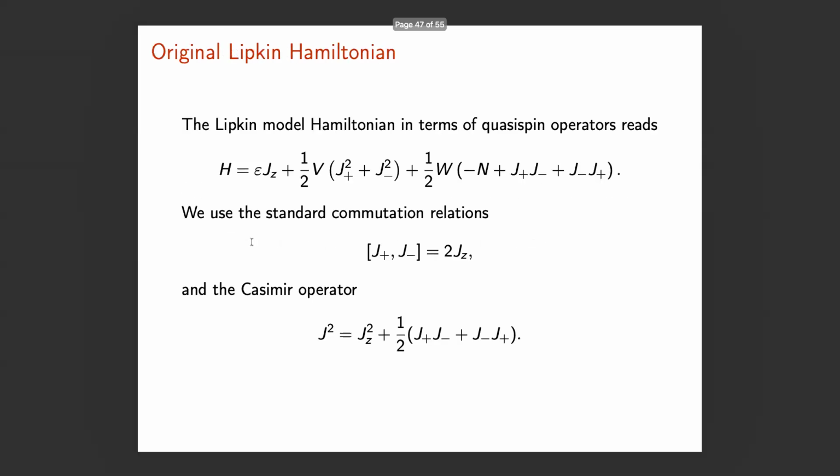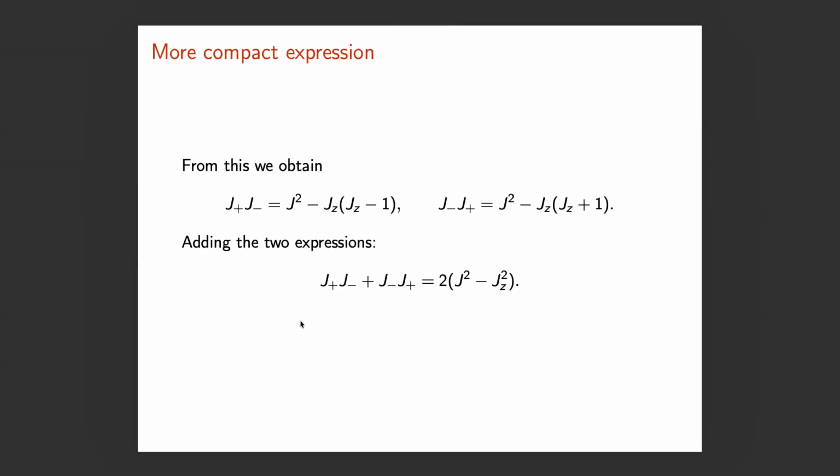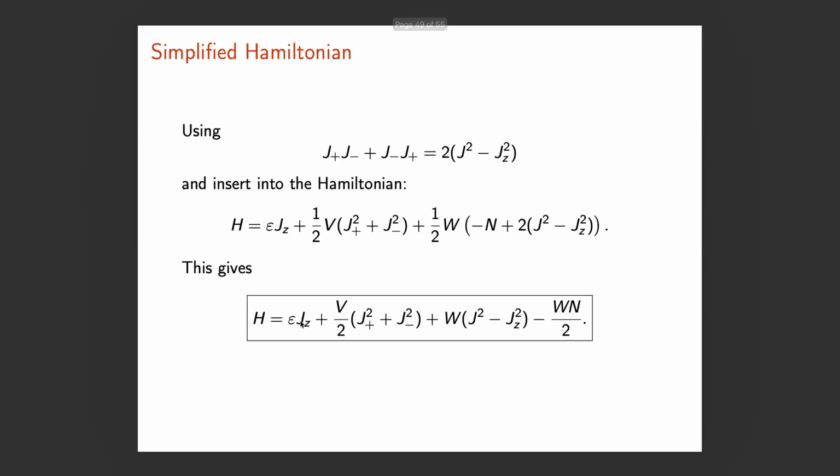So there is some additional algebra here. The Lipkin model in terms of these quasi-spin operators reads like this, and if you use the standard commutation rules and the Casimir operator, you can simplify it further. This is just plain algebra, and you can rewrite it like this.